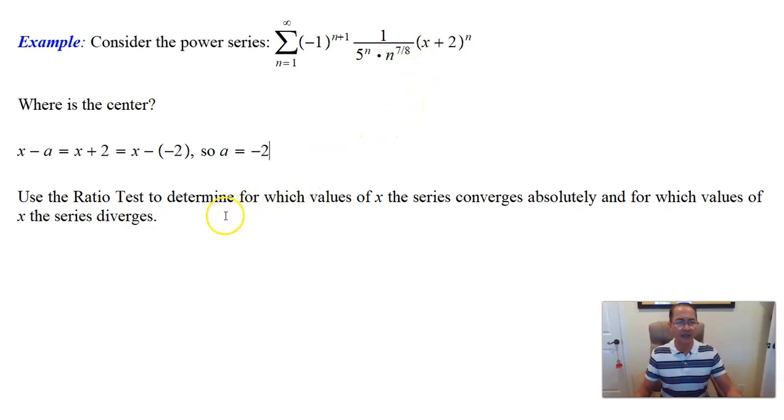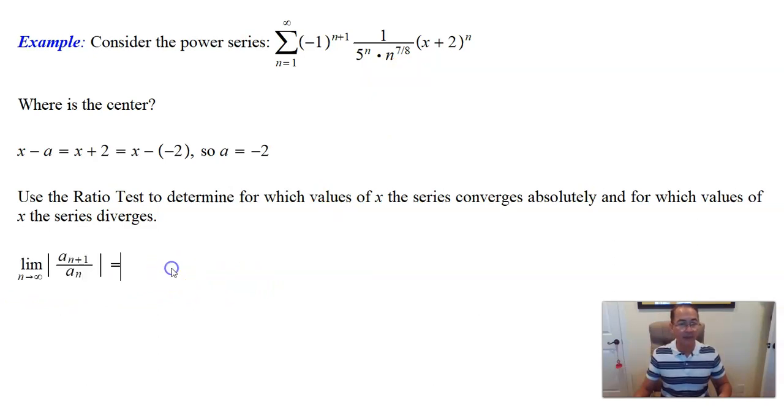So first things first, identify the center of the power series. Now let's use the ratio test, like we did with x to the n over n factorial, to determine what values of x will make the series absolutely convergent and what values of x will make it diverge. We want that ratio, where a sub n is this entire thing, and we want a sub n plus 1 over a sub n.